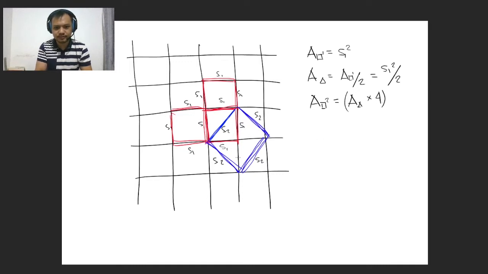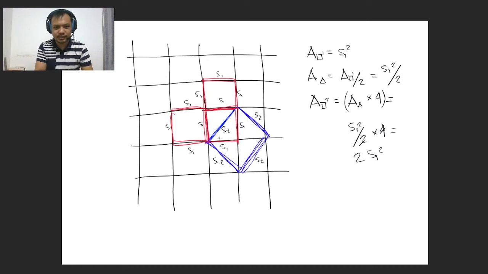We have 4 triangles. Okay? Now, if we know that the area of the triangle is equal to S sub 1 squared divided by 2, we can plug that into this equation. So that is equal to S sub 1 squared over 2 times 4. Okay? And if we break this down even further, this becomes equal to 2 S1 squared, right?